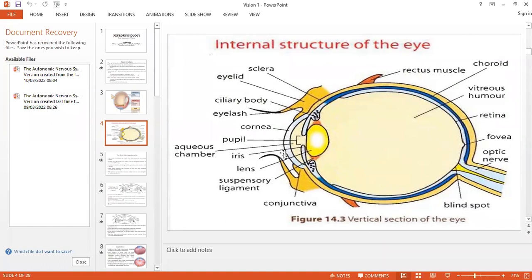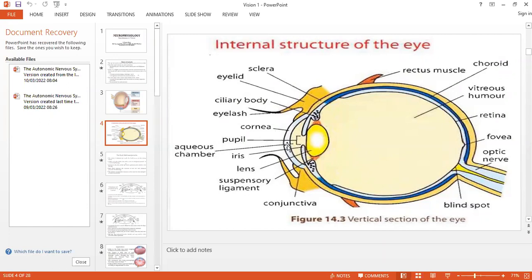As they're coming through, it is able to bend them a bit, okay? This is the first part of the eye which is able to refract as light is passing through it. This is the first part known as the cornea, okay?